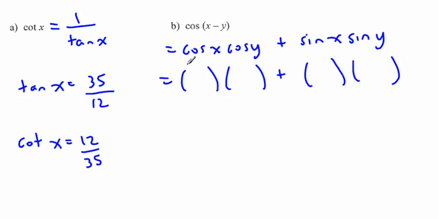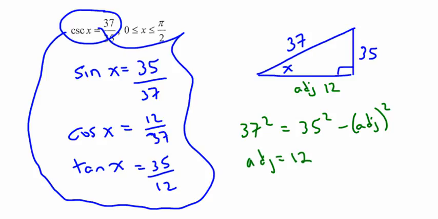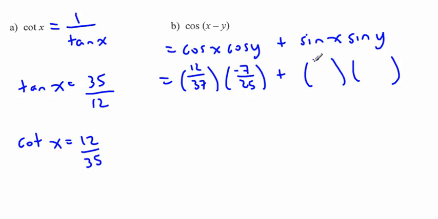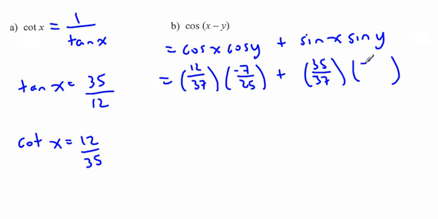Cosine y was -7 over 25. Sine x was 35 over 37. And sine y was -24 over 25.